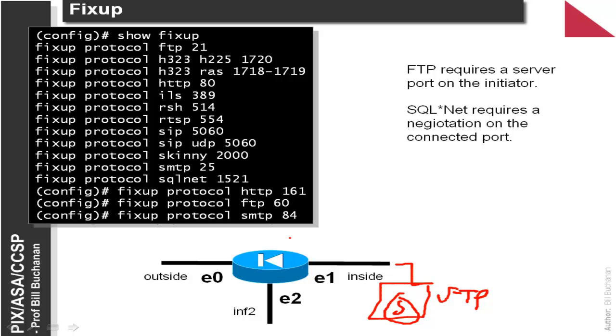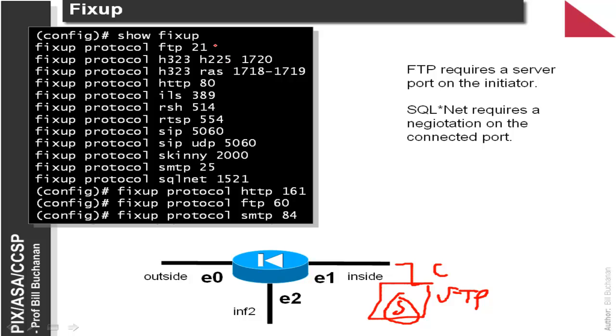This means that for a normal firewall, this port might be blocked, but the PIX understands this negotiation and fixes up the firewall so that the connection is allowed in as long as the client on our trusted network has initiated it.